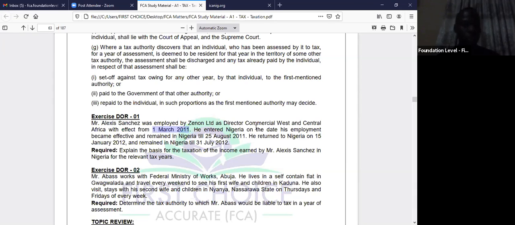Look at what you will do. 31 days in January, minus 14 days that he was not in Nigeria, because January 1 to January 14, he was not in Nigeria. So 31 minus 14 will give you 17 days he was in Nigeria. So January 15 to January 31 is 17 days. Now add February, 28 days.